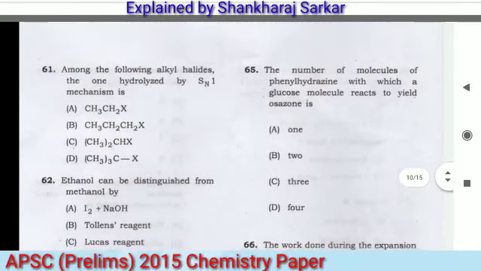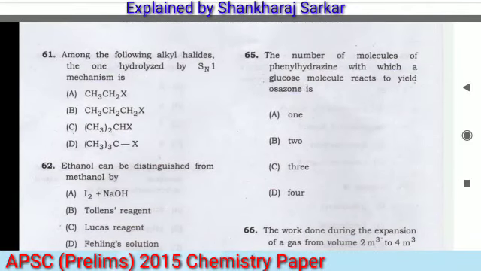Next question, the number of molecules of phenyl hydrazine with which a glucose molecule reacts to yield osazone is. So the option C is correct, which is 3. 3 moles of phenyl hydrazine is required for the formation of osazone from 1 mole of glucose.